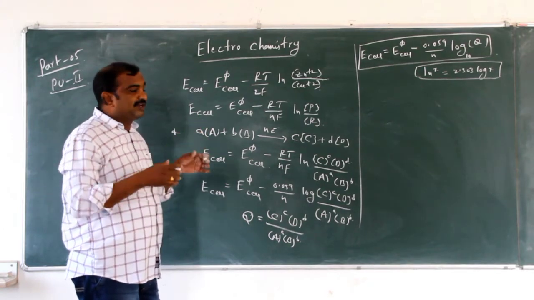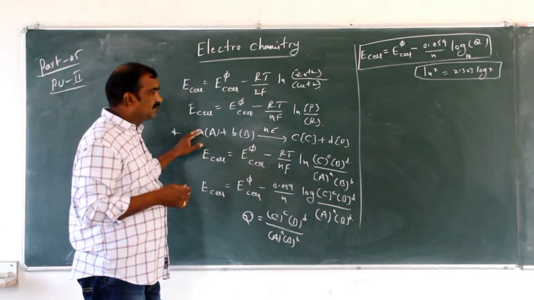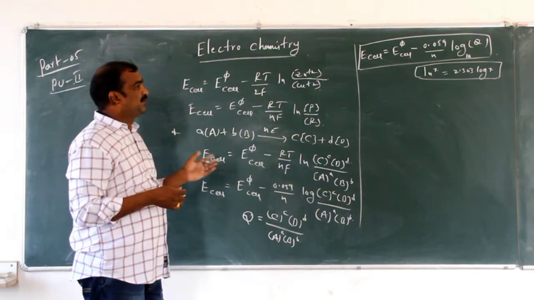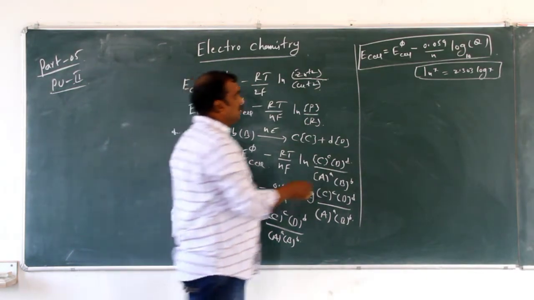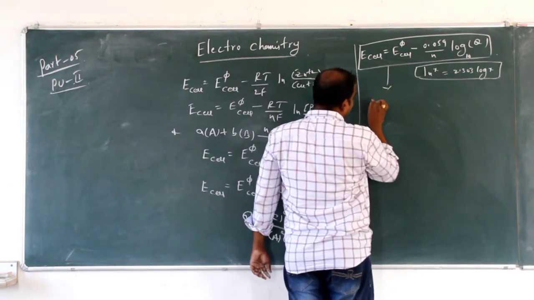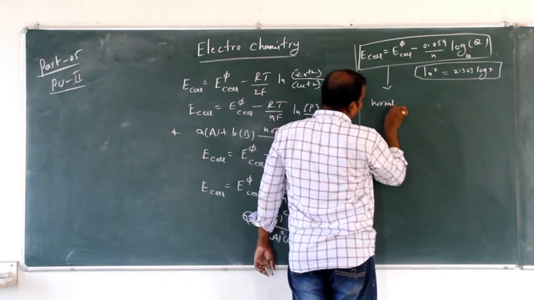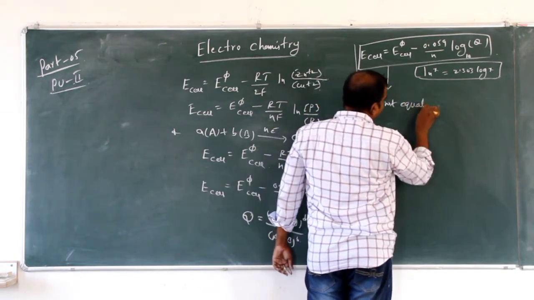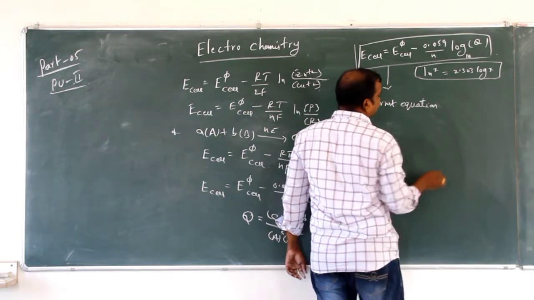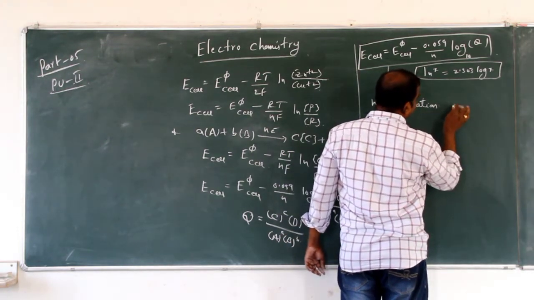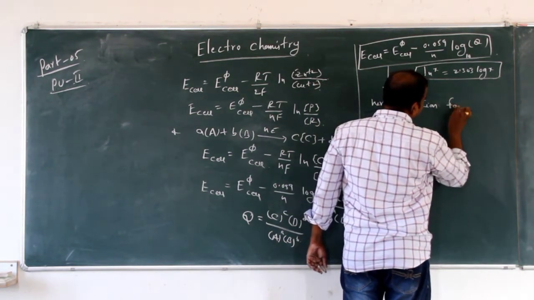So simply, by using the reaction coefficient we wrote the Nernst equation for a reaction.